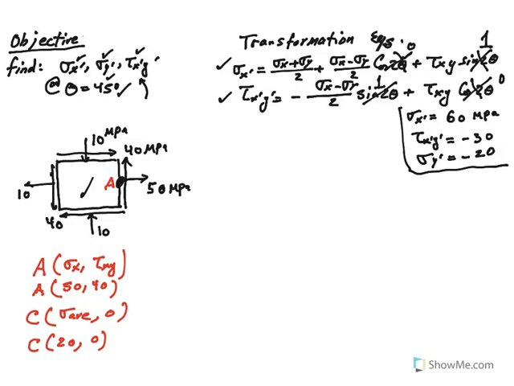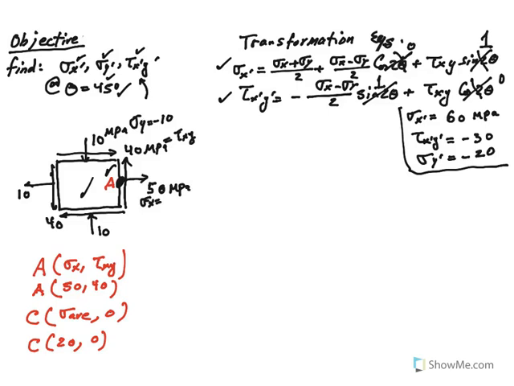So again, in order to draw the Mohr circle, as you've already seen in the previous video, we need to look at point A and the coordinates of point A, which would be sigma x. So our sigma x is 50, our sigma y is negative 10, and our tau xy is a positive 40.